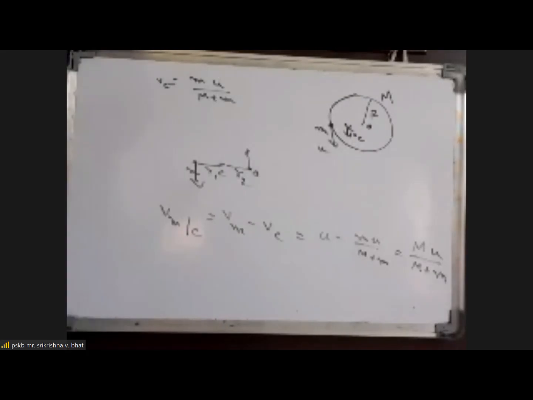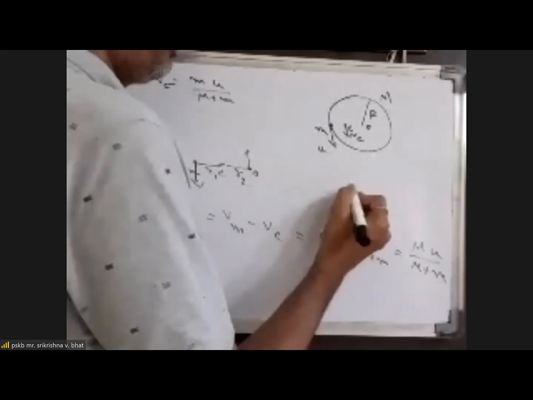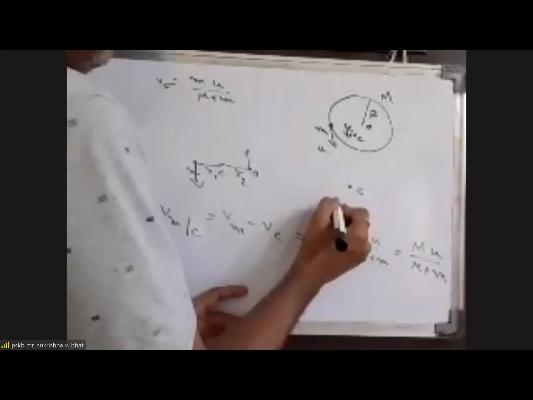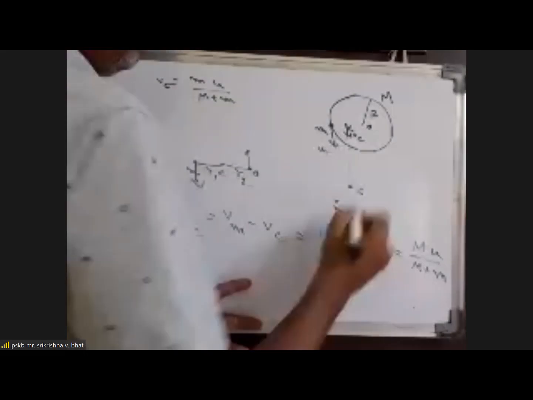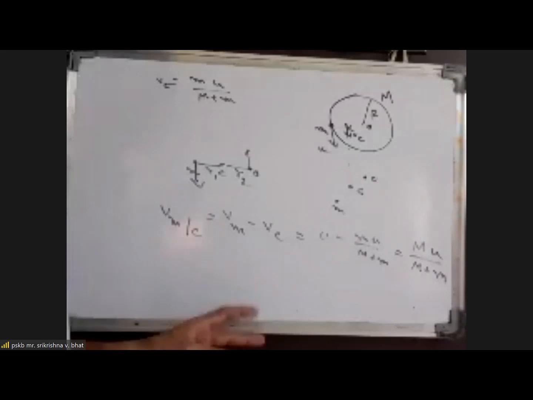Now, as the center of mass is moving in a straight line path like this, after some time it is possible that the bead may be here and the point O will be here. Still after some time the bead may be here and point O is exactly opposite.